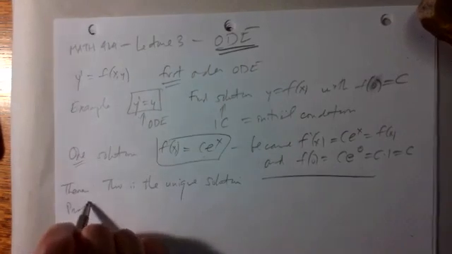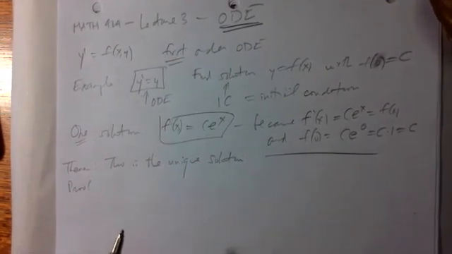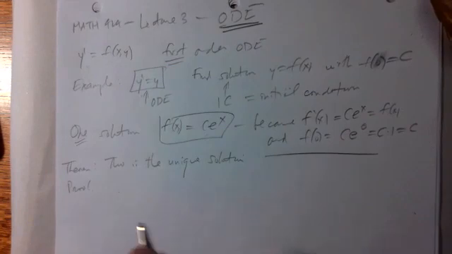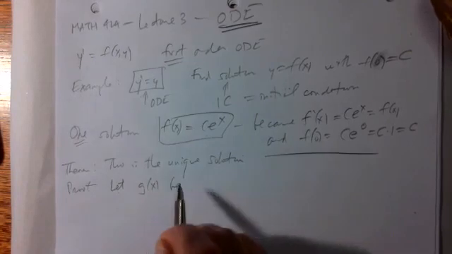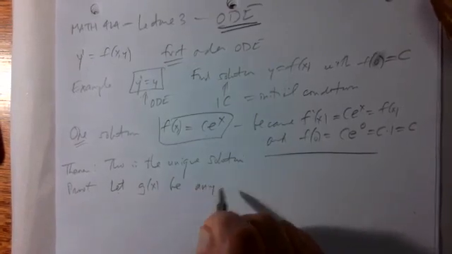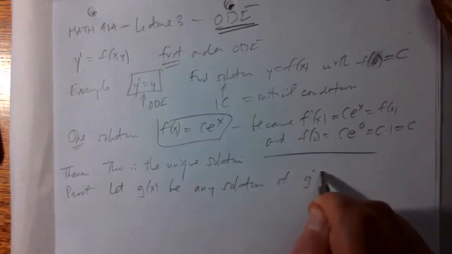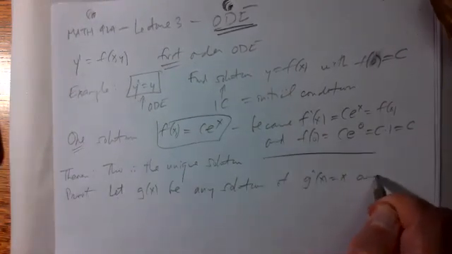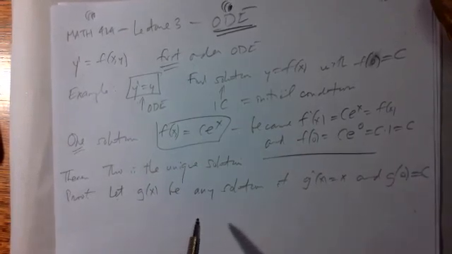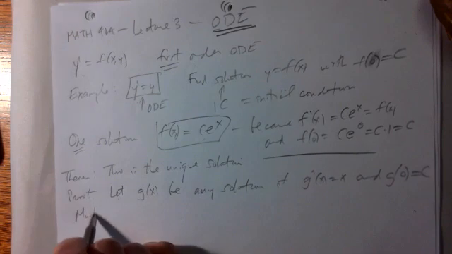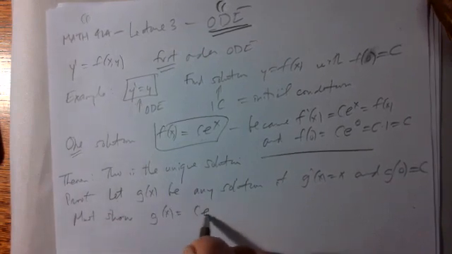And how do we prove it? Well, the simplest way to prove it is to say, okay, suppose we have any solution. Let g of x be any solution of g prime of x equals g of x and g of 0 equals c. We must show that in fact g of x is c e to the x.